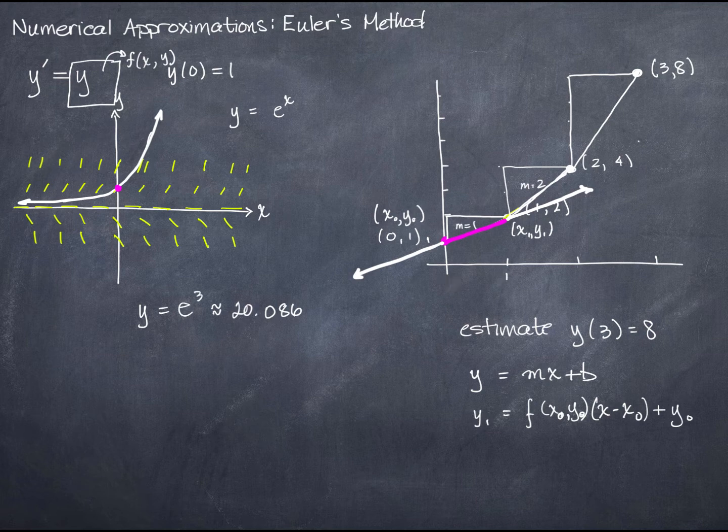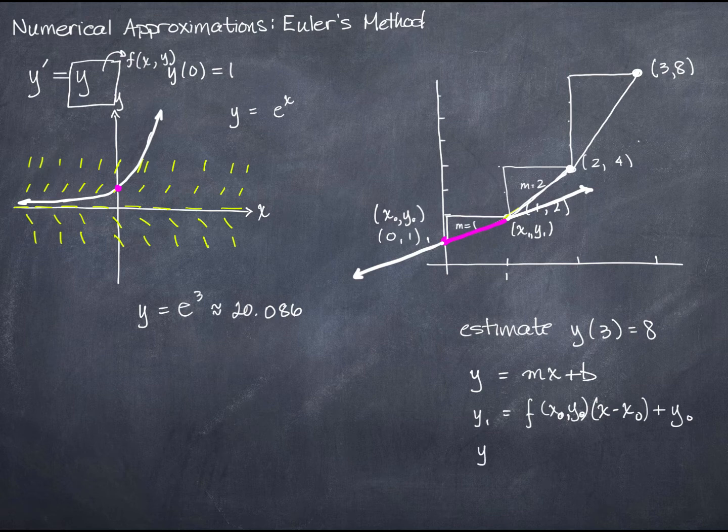Well, this particular one happens to be 1, and the old one was 0. The old y value was 1, and I'm looking for the new y value, and my function here is just going to be y. But to generalize, this is the beginnings of the formulation of a formula. Not quite there yet.